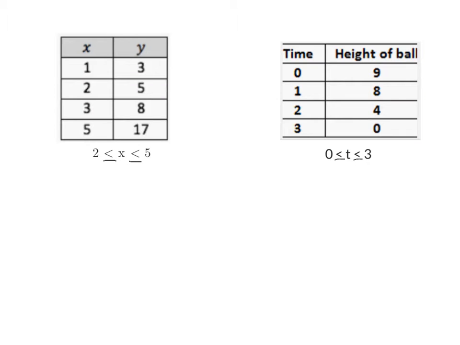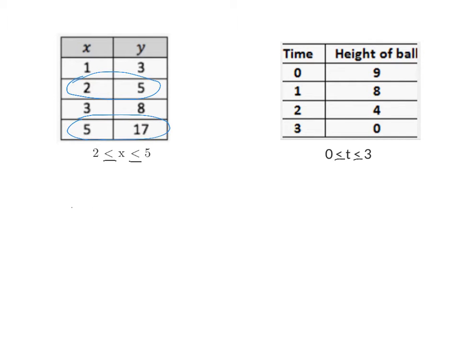And now I'd like to take a moment to look at how to find the average rate of change for a specified interval by looking at a table of values. Looking at the table on the left, we're asked to find the average rate of change between the values of 2 and 5. Using my average rate of change or slope formula, I'm going to look at my points 2, 5, and 5, 17.